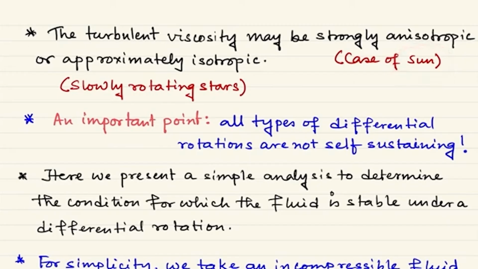Okay, so for the Sun, differential rotations are prominent, and I already discussed that the signature of differential rotation, including the spatial distribution of the angular velocity, can be obtained using helioseismology, that is the physics of the oscillation of the Sun. Okay, so radial and non-radial modes.